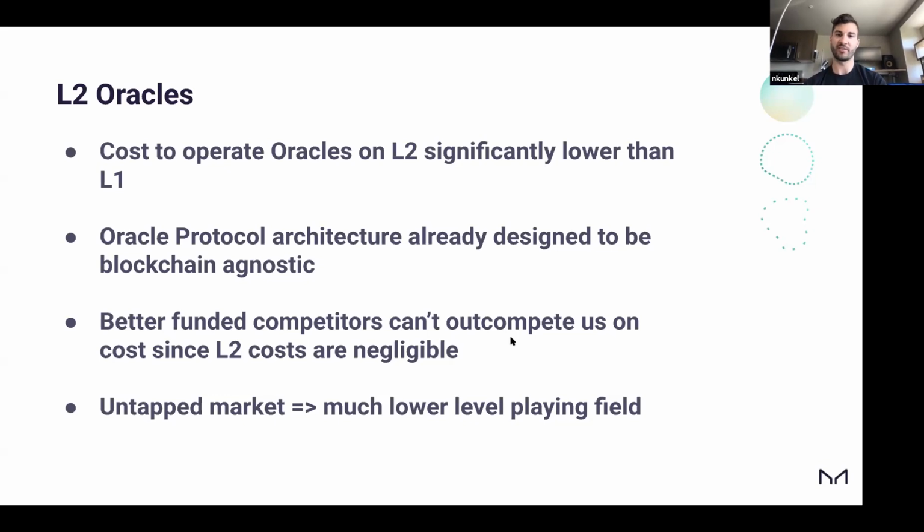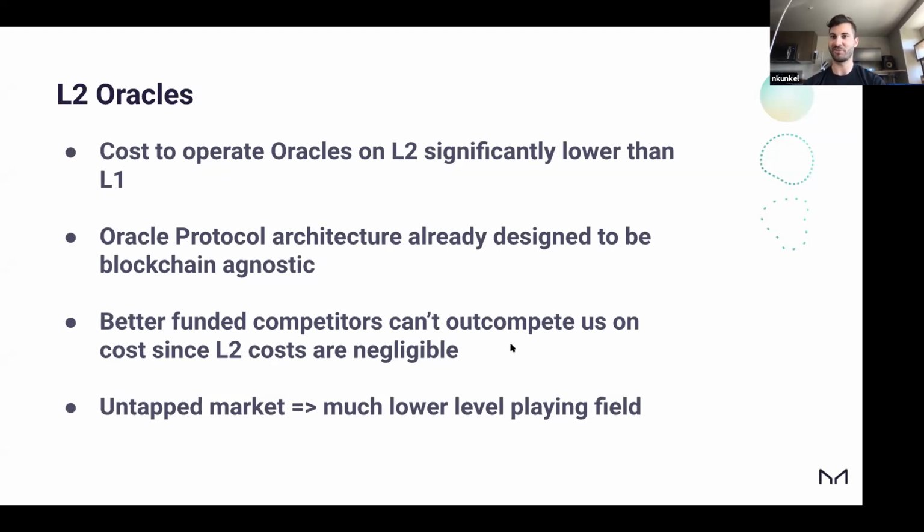Going to the third point here, I think we briefly covered this earlier. Our better funded competitors that can bleed us dry on L1 don't have that advantage on L2. Maybe there's a cost of attrition with marketing dollars, but I really like this much more level playing field that we have on layer two. The added advantage is that everyone migrating over will need an Oracle solution and will be looking for one.